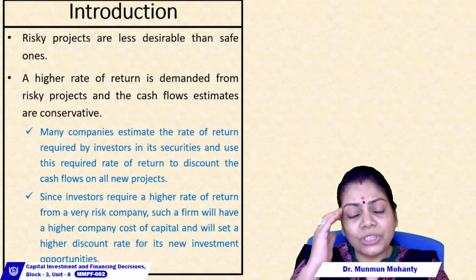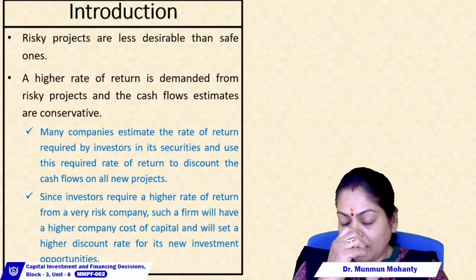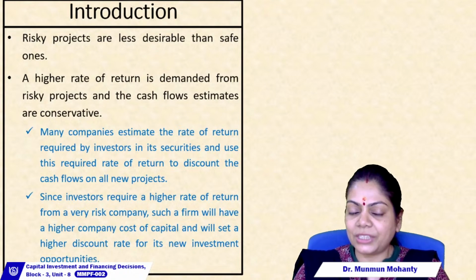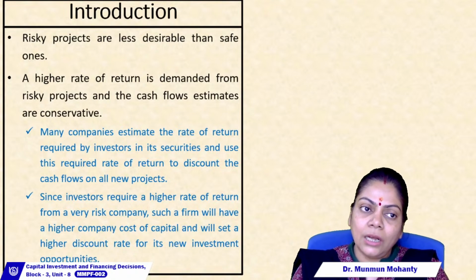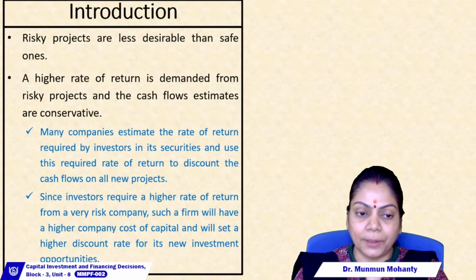See, it is the cash flows of this particular project which are risky. So either you downplay the expected cash flow and become very conservative while estimating the cash flow. That is one aspect. The other aspect is that they adjust the rate of return to reflect the risk. So you generally opt for a higher cost of capital.